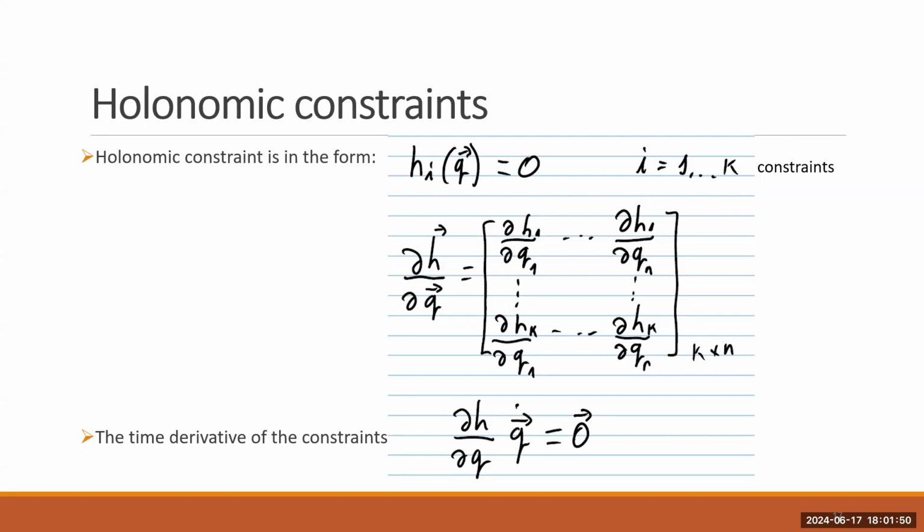And this is actually a Pfaffian constraint. It's a matrix times the velocities, q dots, and this is the structure of the Pfaffian constraint. So I can handle any holonomic constraint as a Pfaffian constraint. And later on we'll see what we can do with that.